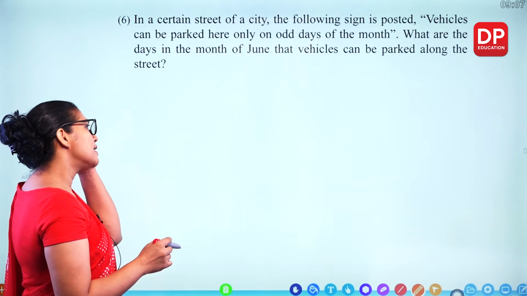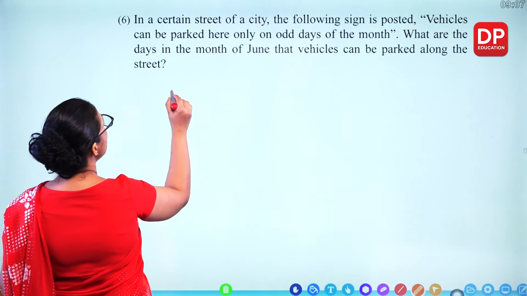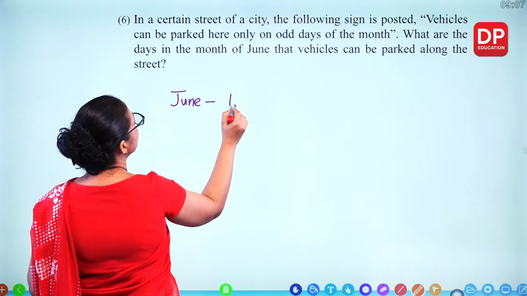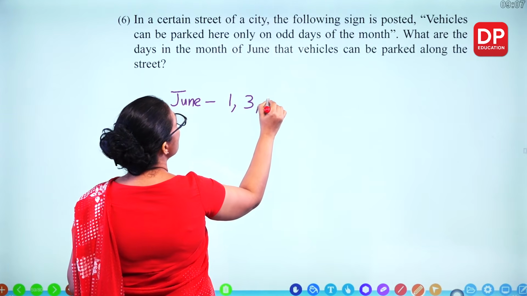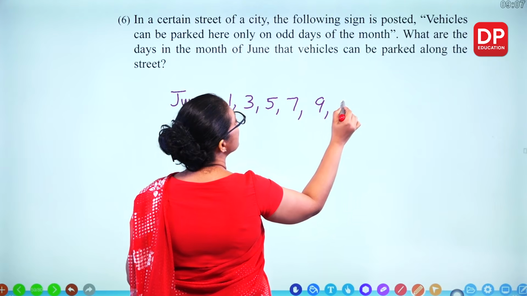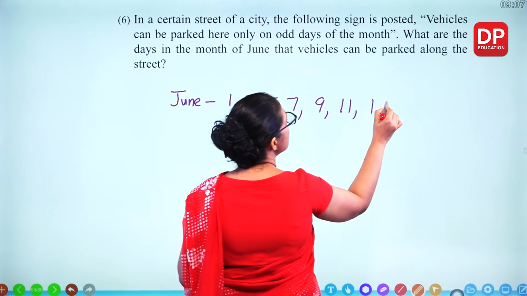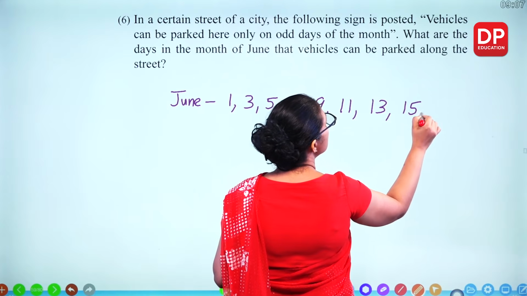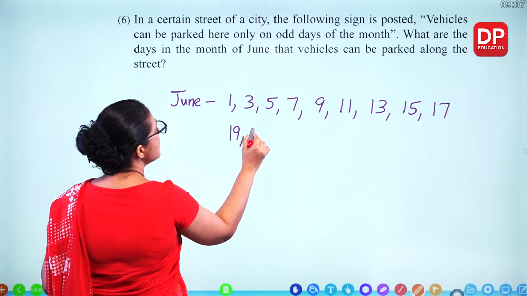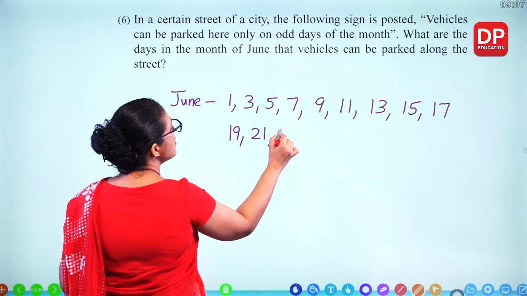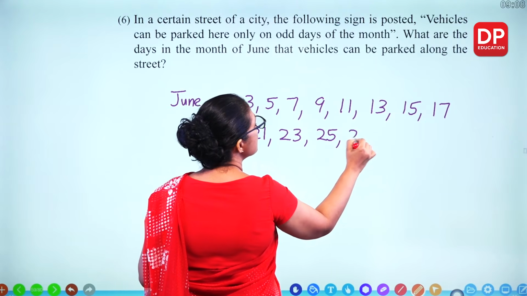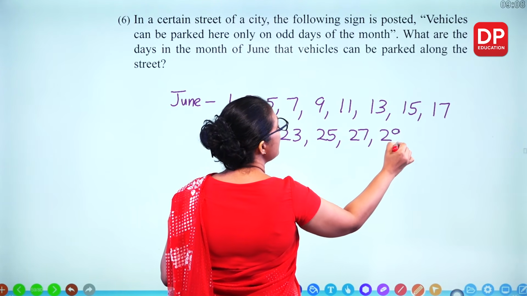June 1st, 3rd, 5th, 7th, 9th, 11th, 13th, 15th, 17, 19, 21, 23, 25, 27, 29.